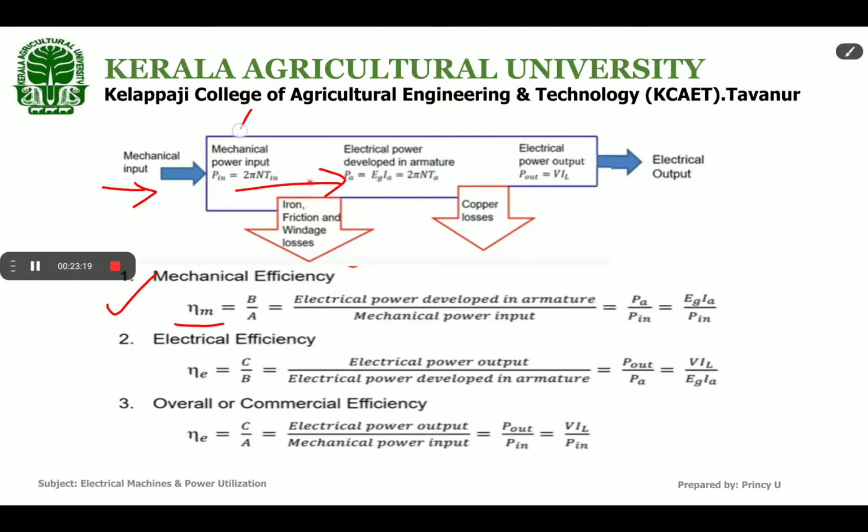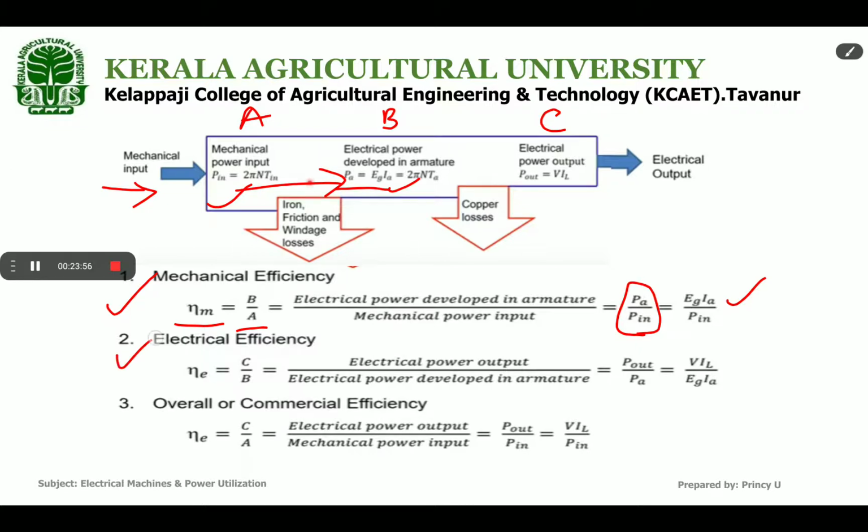The power stages we can represent as A, B, C. So B by A is mechanical efficiency. That means electrical power developed in the armature divided by mechanical power input. So we can represent it as PA by P in, and we know PA is Eg into Ia, divided by P in, the input power. So electrical power developed divided by mechanical power input is the mechanical efficiency of the DC machine.